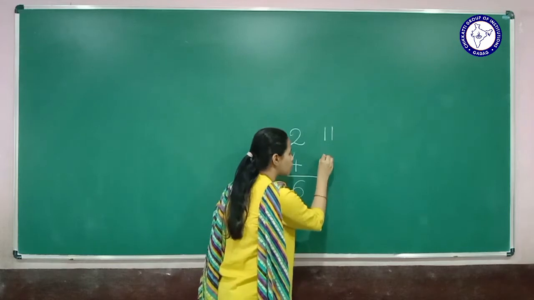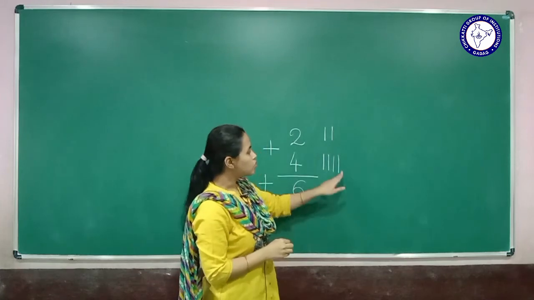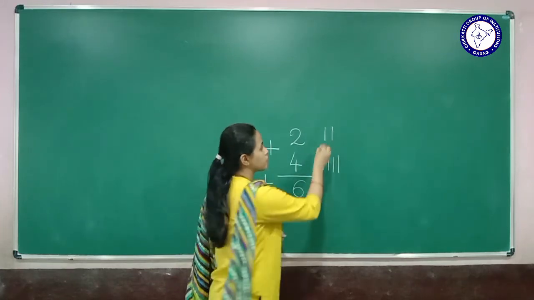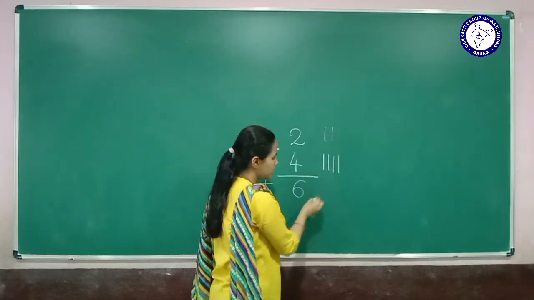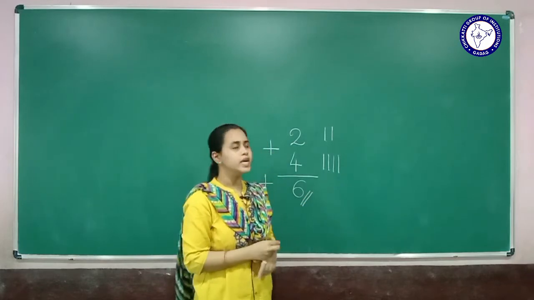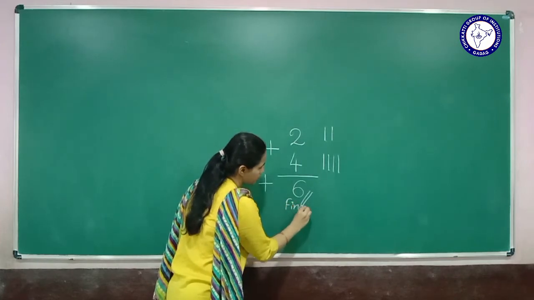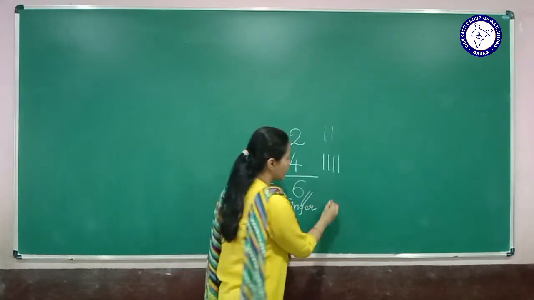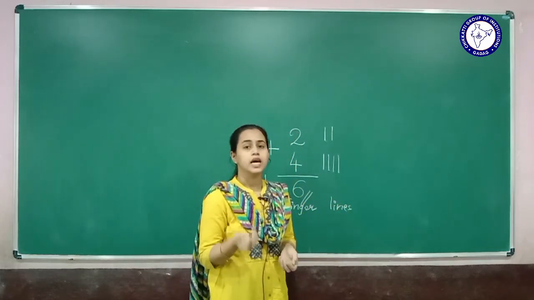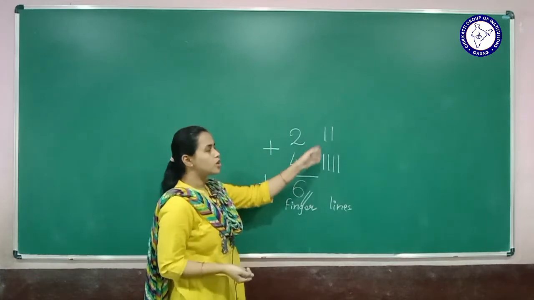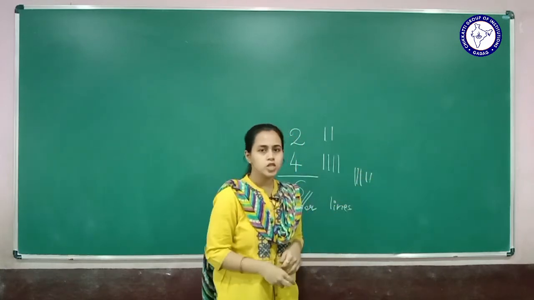I have drawn 1, 2, 3, 4. Now I have to count the lines. 1, 2, 3, 4, 5, 6. Here is the answer. So this is one more method: we can count with fingers, or putting lines. But if you write all the lines like this, it does not look neat, right?